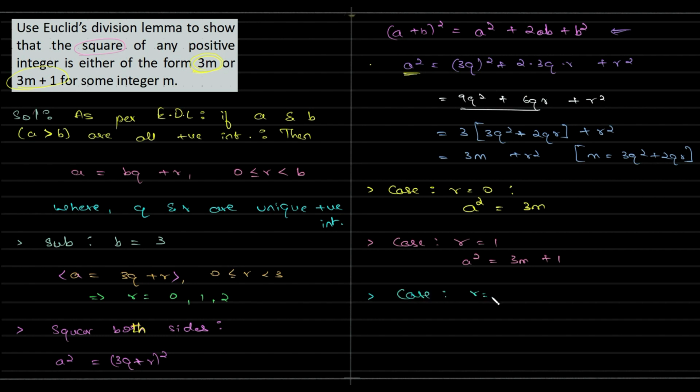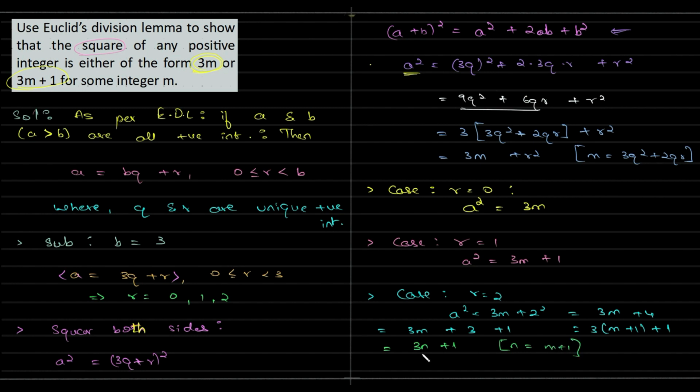Now the last group 2, so A square is equal to 3m plus 2 square, which is nothing but 3m plus 4. So I can always write 4 as 3m plus 3 plus 1, which in turn I'll take 3 common, 3 into m plus 1 plus 1, and I'm going to call m plus 1 as n, where n is m plus 1.